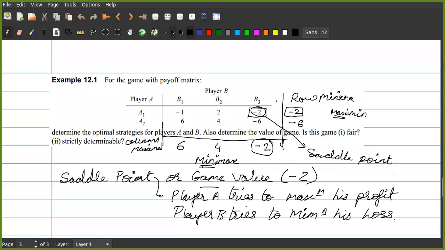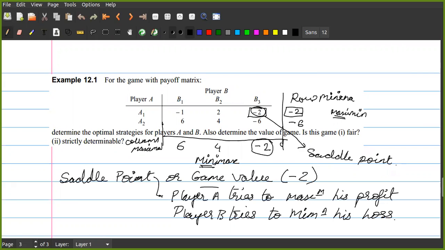In this, for A, we will select the minimum value for the row minima. Why we calculate row minima is because we want to see what is the maximum chance of having a loss to player A. So we take the minimum value. That is the maximum chance of loss for that particular strategy.